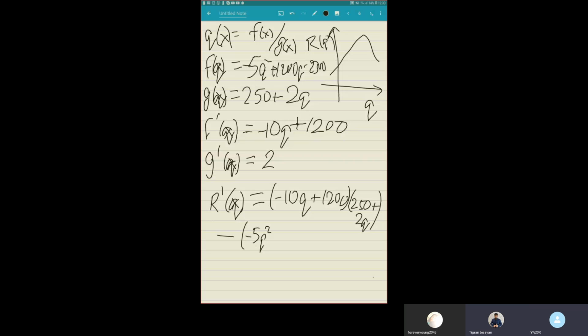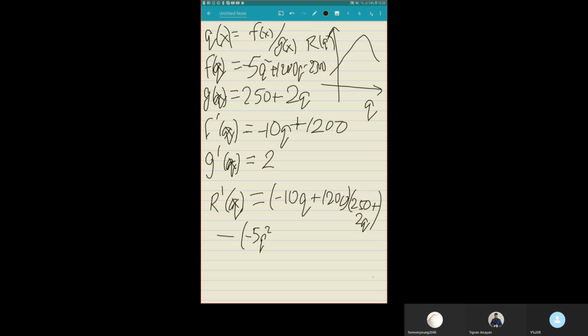So that's Gx, 62,500 plus 2 q to the power 2. You already opened the thing on the denominator, did you? I would say it's not necessary because you will see in a while. Okay, so we are up until this point. So we have the derivative R bar Q.